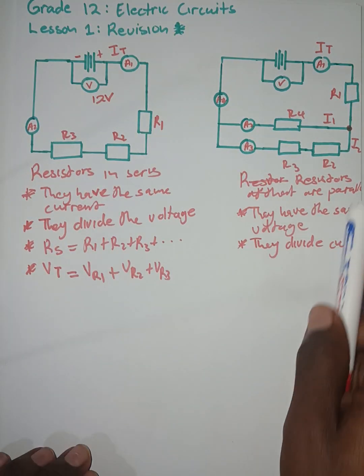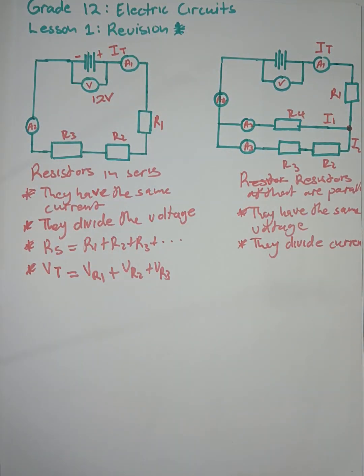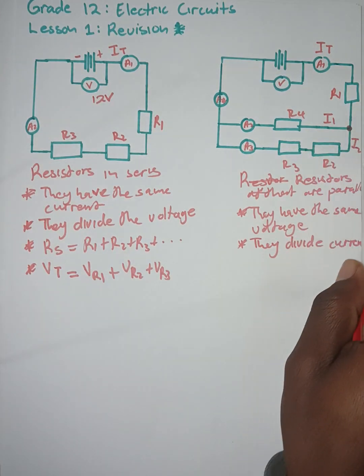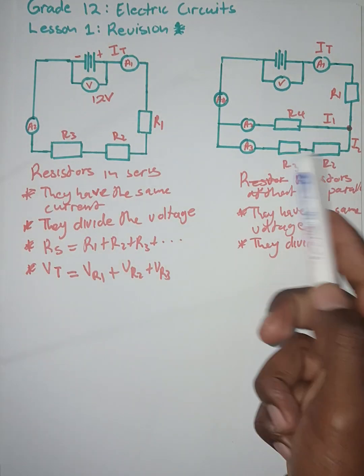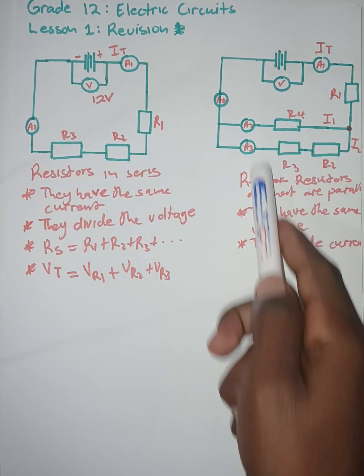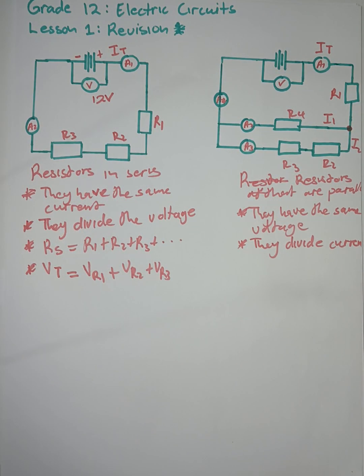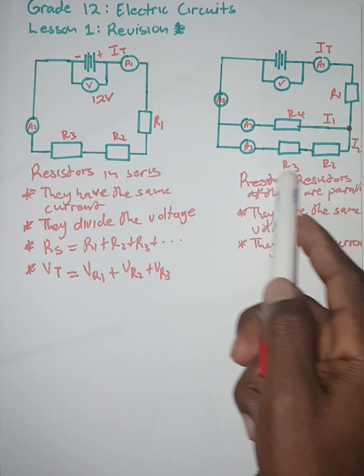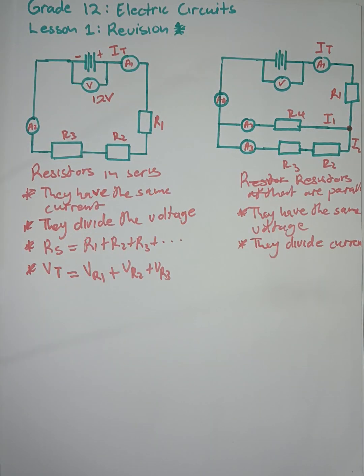Now remember we said resistors that are in series have the same current. So if that resistor has a current of I2, we know that R3 in this case would have the same current, because they are in series with one another. I'm only talking about these two resistors, right? So that's the second thing that you must note.